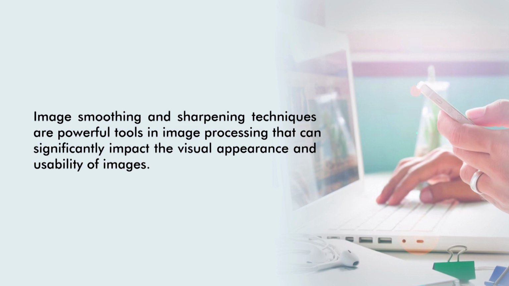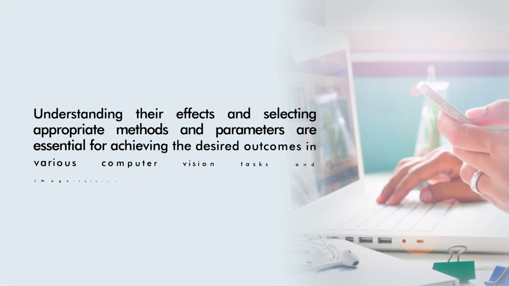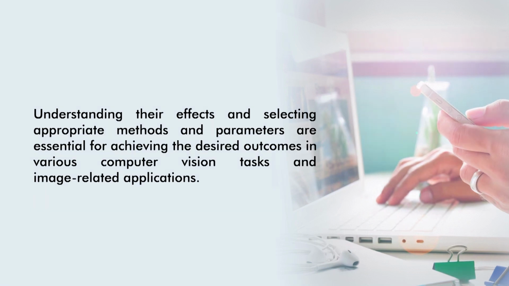So, in conclusion, image smoothing and sharpening techniques are powerful tools in image processing that can significantly impact the visual appearance and usability of images. Understanding their effects and selecting appropriate methods and parameters are essential for achieving the desired outcomes in various computer vision tasks and image related applications. Thank you.